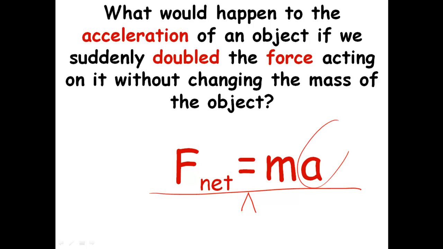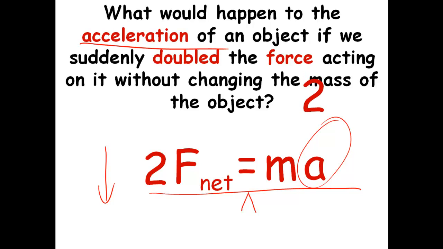So we're talking about this thing right here. If we suddenly double the force. So let's do that. Let's double the force. Suddenly the teeter-totter, this side's going to go down. How on earth are we going to balance this? Well, we put a 2 on the left, so we must put a 2 on the right. And since we're asking about the acceleration, that's what we're going to change. See? It's a balanced equation now.